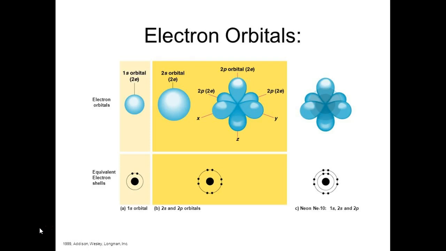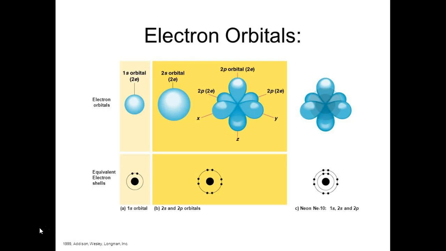You can see that it is sort of a dumbbell. If you follow the x-axis, it has a dumbbell shape. Then there's one on the y-axis. That's called another 2p orbital. And then there's a third 2p orbital on the z-axis. Each one of those can hold 2 electrons.